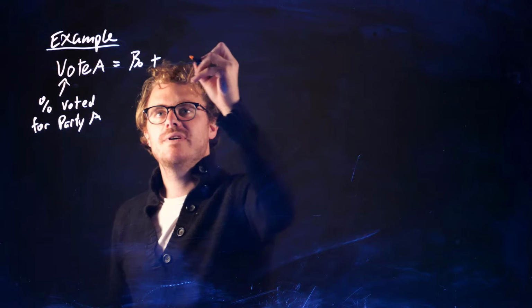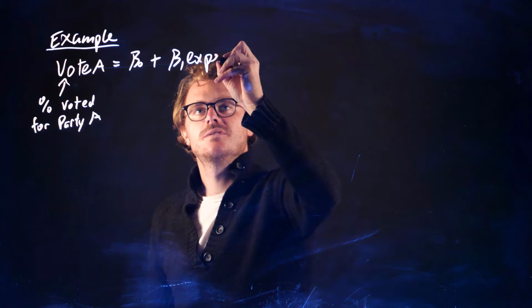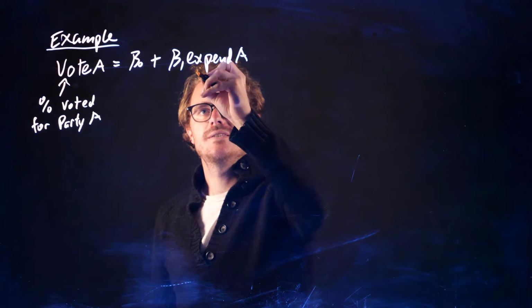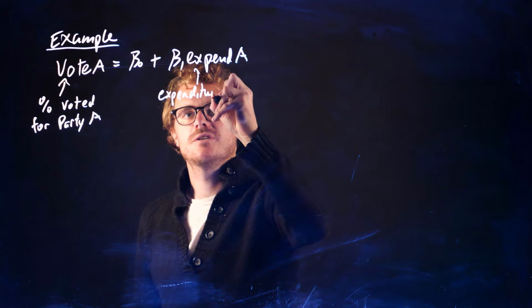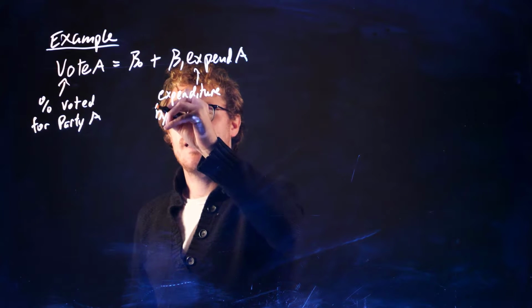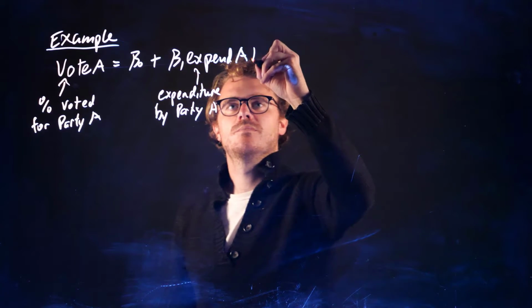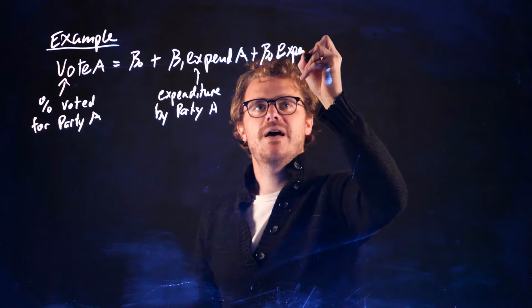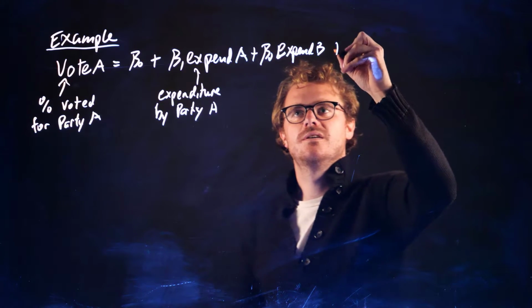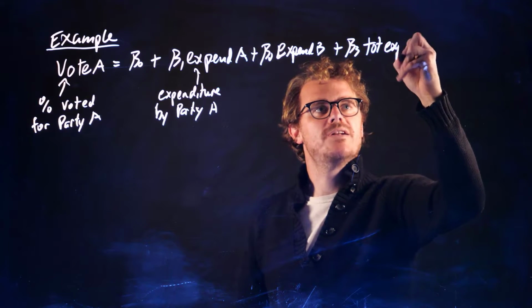And as our independent variables, we're interested in expenditure. So this is campaign expenditure by party A, plus beta 2 expend B, plus beta 3, and let's say we include total expenditure.